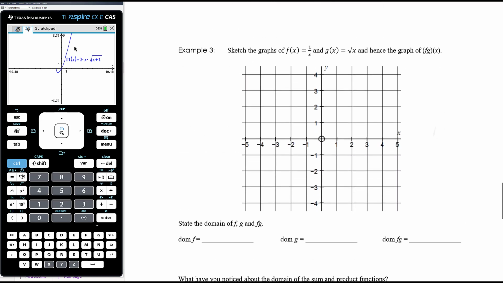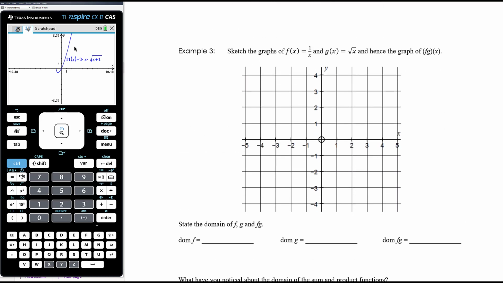Okay, sketch the graphs of 1 on x and root x, and hence sketch the graph of fg of x. Okay, so 1 on x is our hyperbola. We drew one of those in earlier. Let me just get a reasonably accurately scaled hyperbola here. So that's a half and a quarter and -2 and -4.